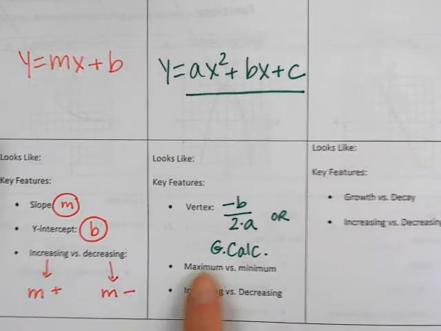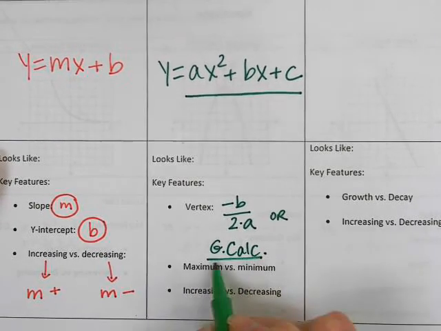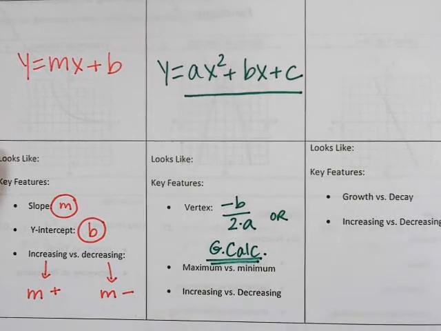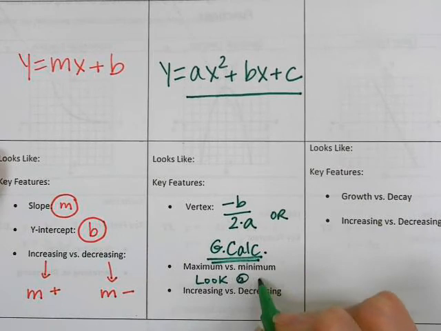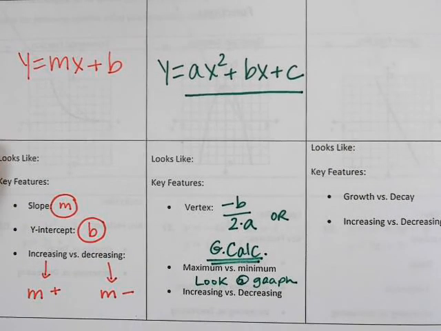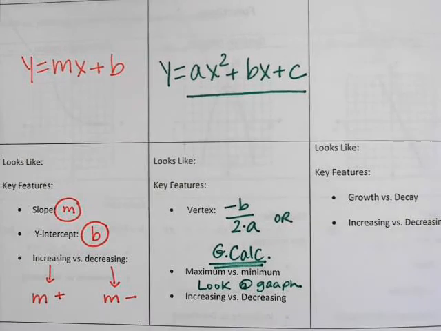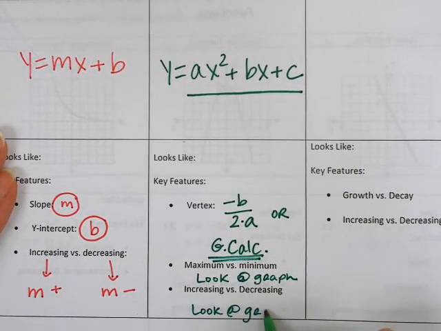And you determine if it's a max or a min by looking at the graph. Okay, so actually I would say probably graph this one. So to find max or min, you look at the graph. And then increasing versus decreasing, you also have to look at the graph.